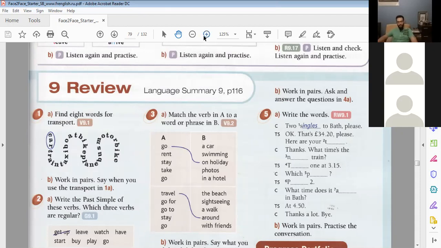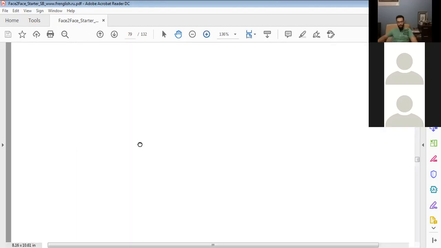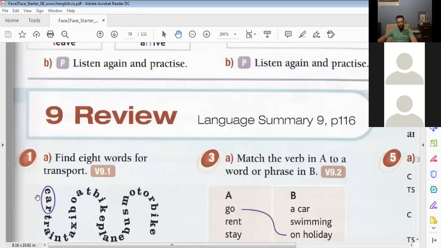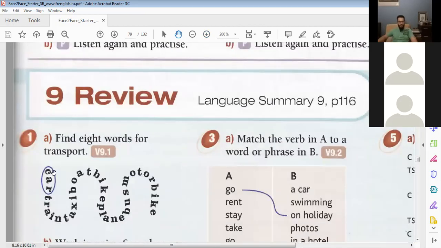Let's zoom in here. Okay, so we have train. So I answered it. Okay, so the first word is car. What's the second word? Train. Correct. Yes.